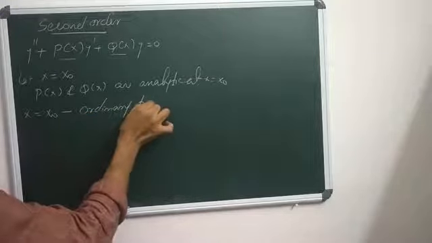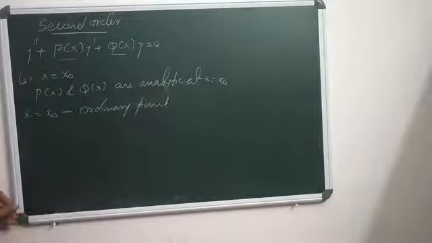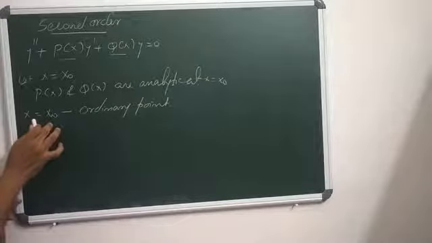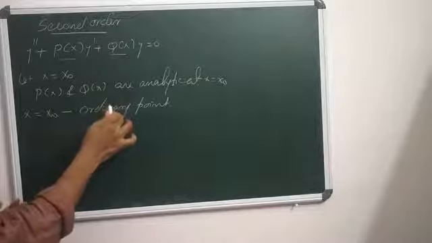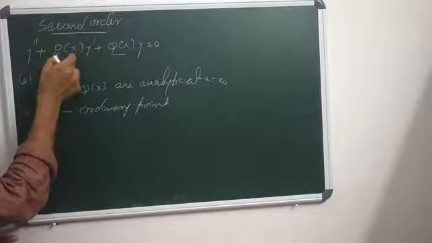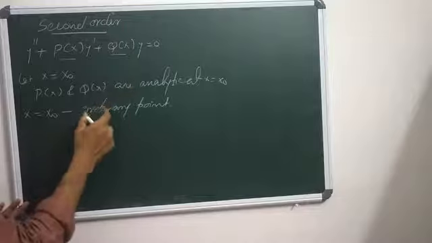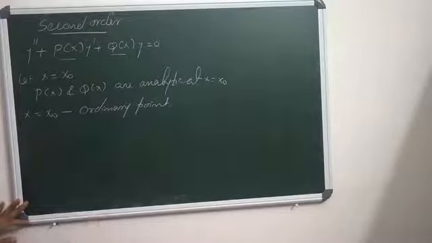So this is an important definition. x naught is said to be an ordinary point if both these coefficients p of x and q of x are analytic at x equals x naught.